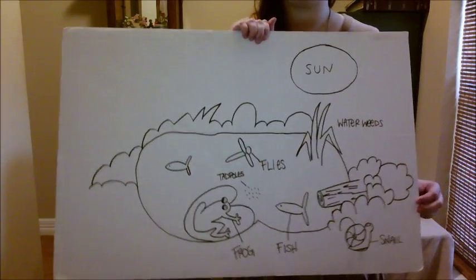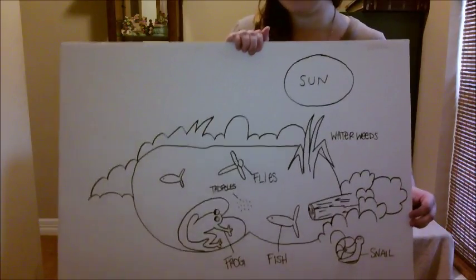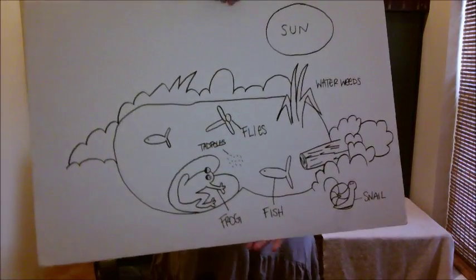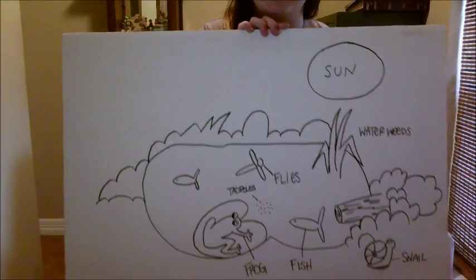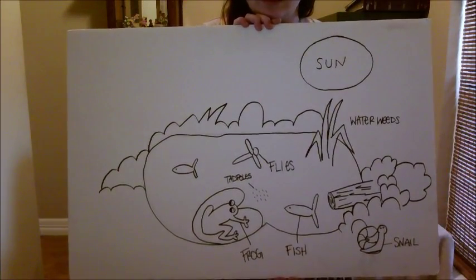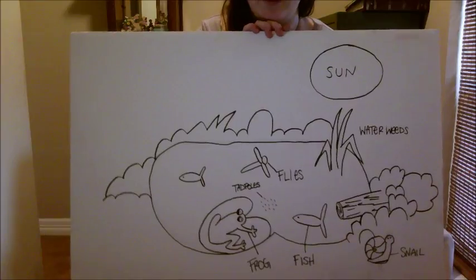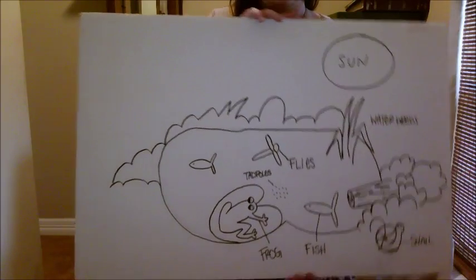And they must be colored, like I said. Mine is not. But this was just a quick sketch to model it for you. That will be due back on the next class period. You can bring that to me. I hope y'all enjoyed this ecosystem flipped lesson. And I will see y'all in class.